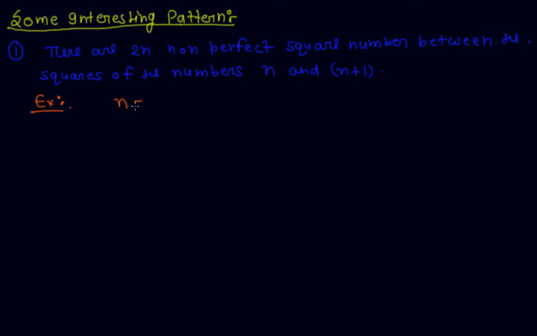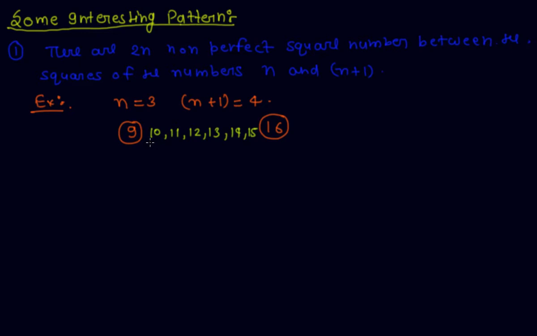If the value of n is 3, then n plus 1 is 4. So the square of 3 is 9 and the square of 4 is 16. If I find the non-perfect square numbers between 9 and 16, they are 10, 11, 12, 13, 14 and 15.